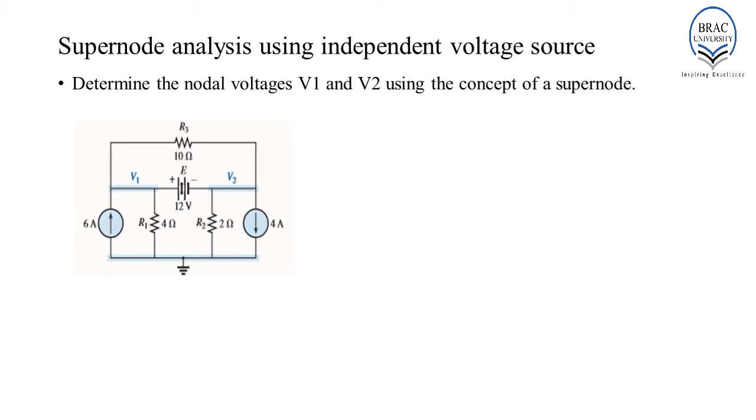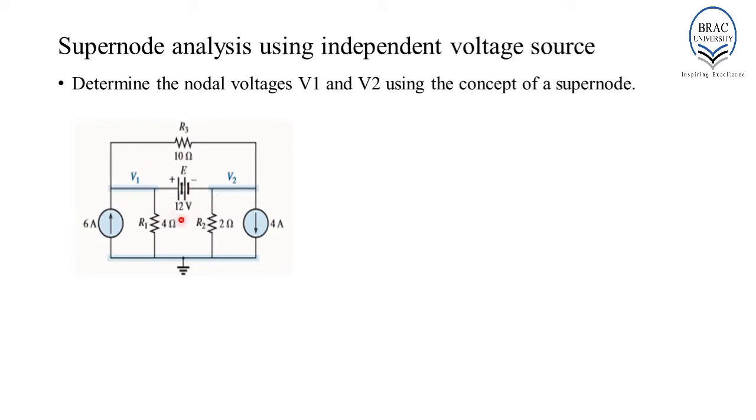Well, in case of node analysis, if a voltage source exists between 2 nodes, then the voltage source must be deactivated and the 2 nodes in concern must be considered as a supernode.